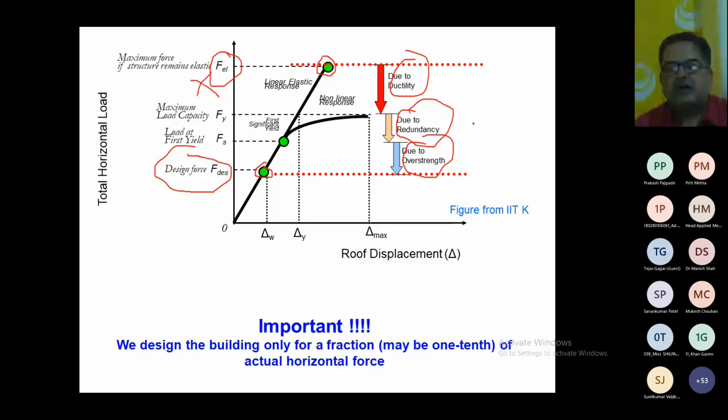Overstrength means what? A simple example: suppose we use M25 concrete on site. This M25 concrete is designed in the laboratory, and in the mix design we do not design for 25.